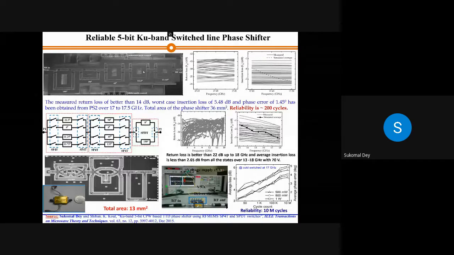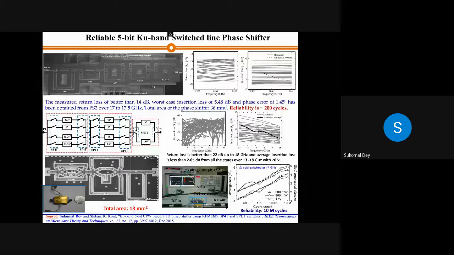After doing the operations 32 times, only then can you say that yes, my device passed one cycle: 32 times of actuations for a 5-bit phase shifter.